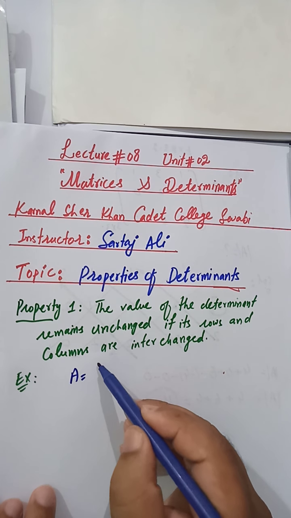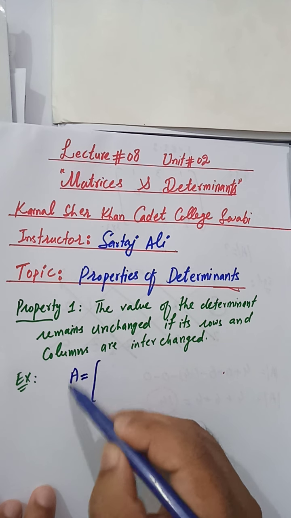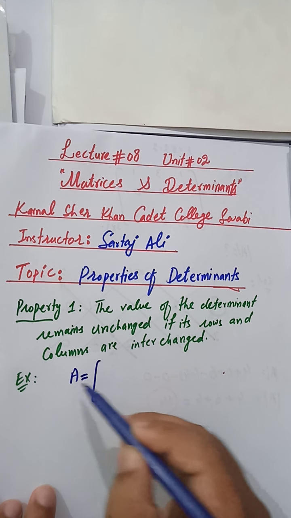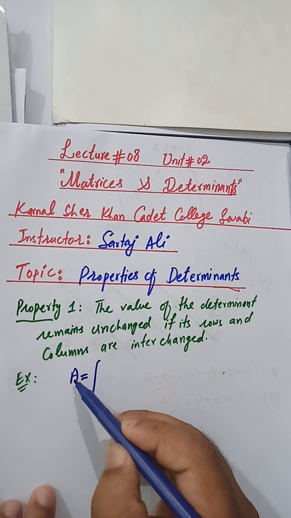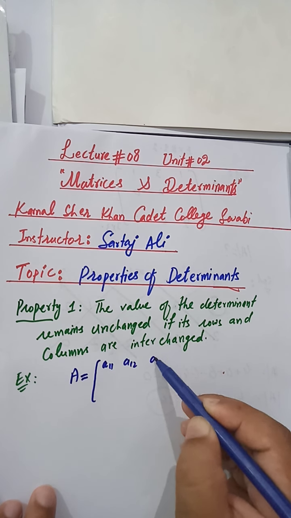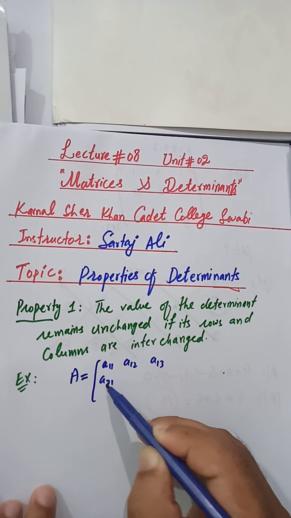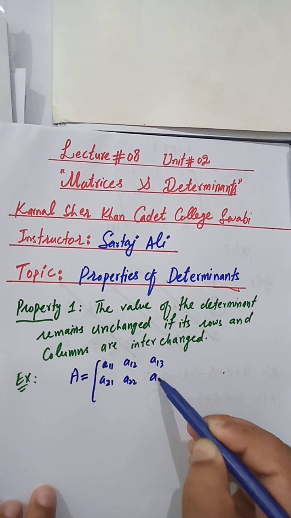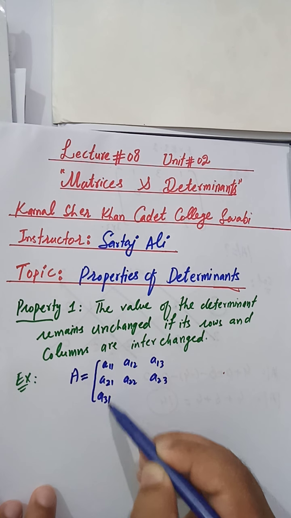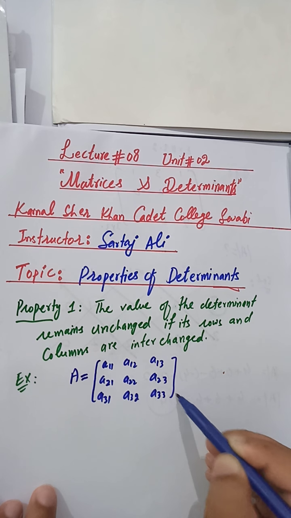So I am considering an order 3 matrix in general form. This is the notation for this matrix: a11, a12, a13, a21, a22, a23, a31, a32, a33.